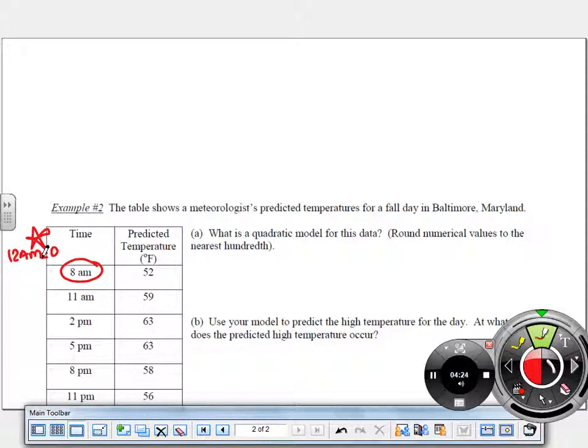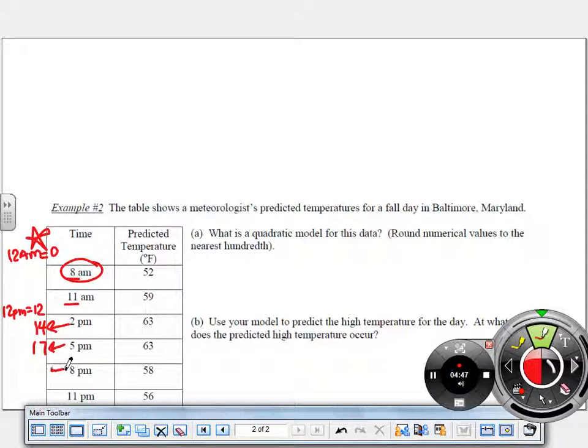So again, 8 a.m. would still be 8, 11 a.m. would still be 11. But 2 p.m. would be after 12 noon. So 12 p.m. is like 12. So 2 p.m. would be 2 hours after that, so that would be like 1,400 hours. So we're going to call that 14. And then we're going to call 5, 17.